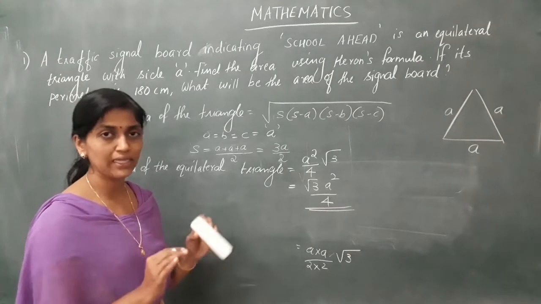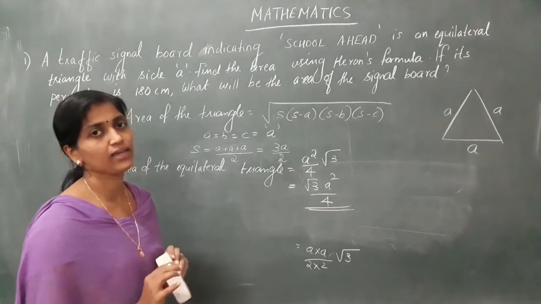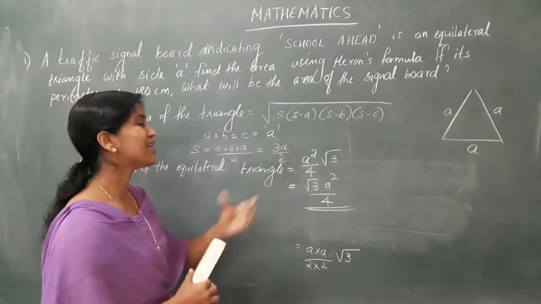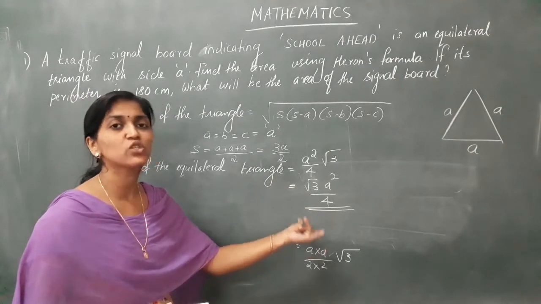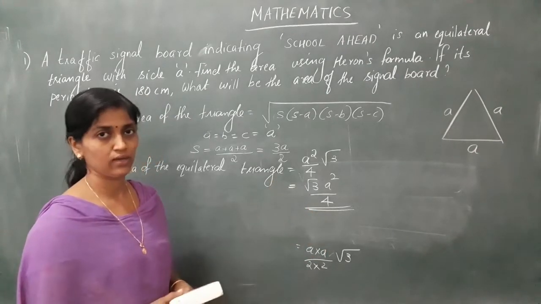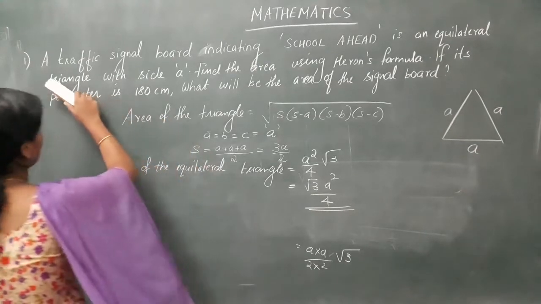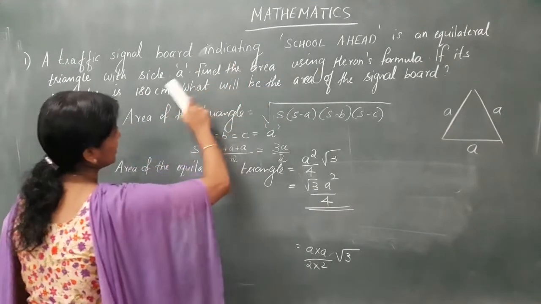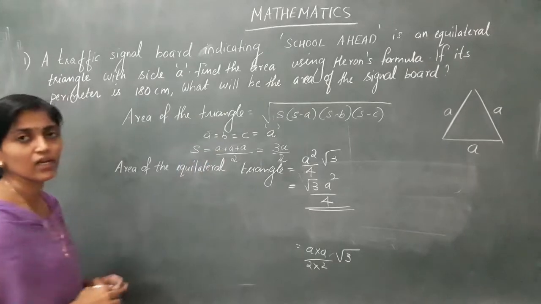Understood? So for equilateral triangle, if you are asked to find the area, if you know the side, you can directly apply this formula. It is root 3 by 4 A square. So first part is over. It is in the form of an equilateral triangle. Find the area using Heron's formula.